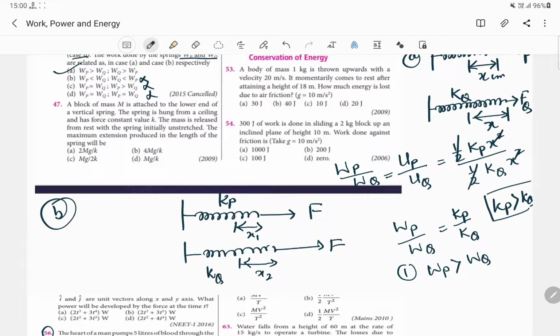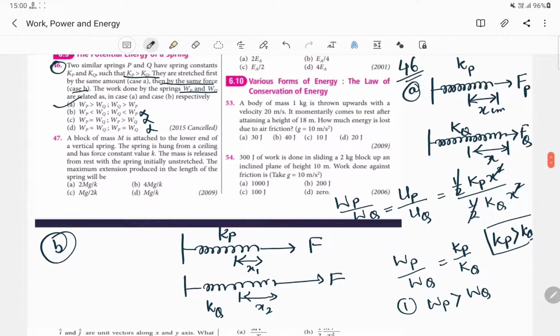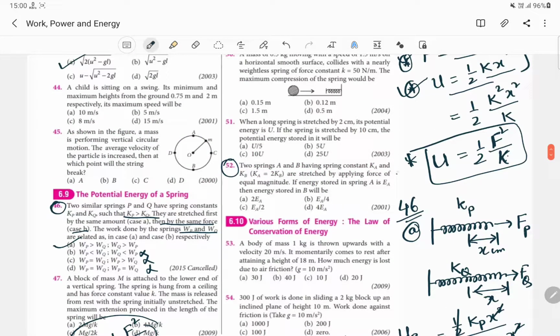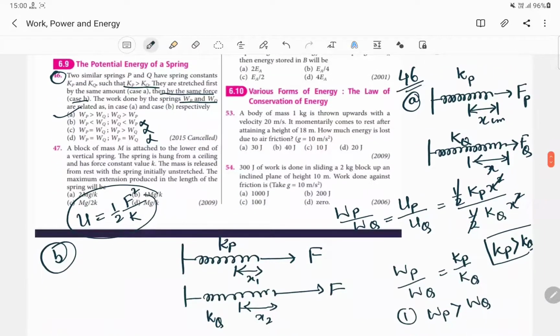Therefore we can use the second formula, that is potential energy U equal to half F square divided by K. This is the second relation, so we will be using it here.